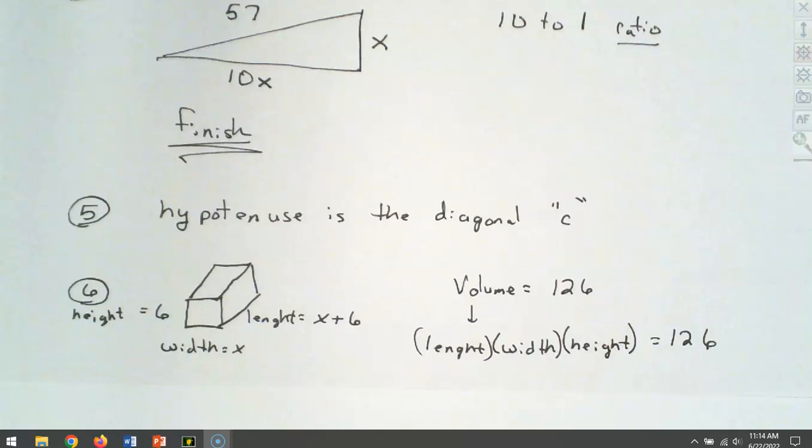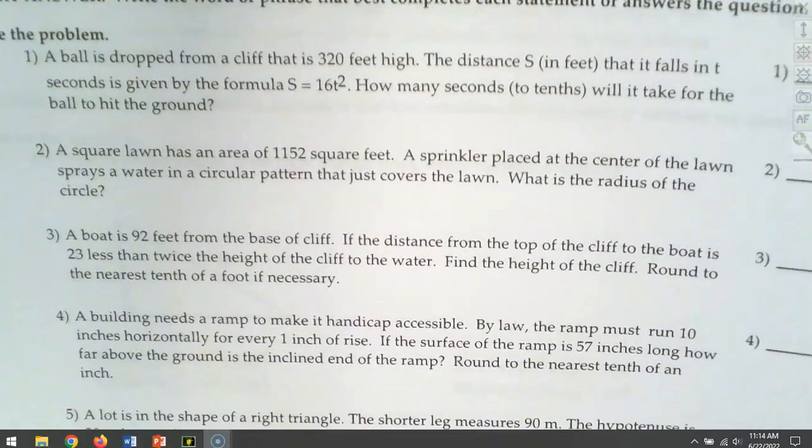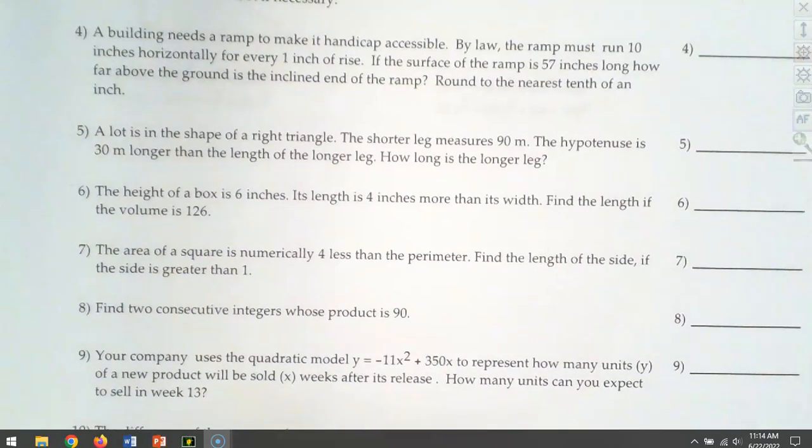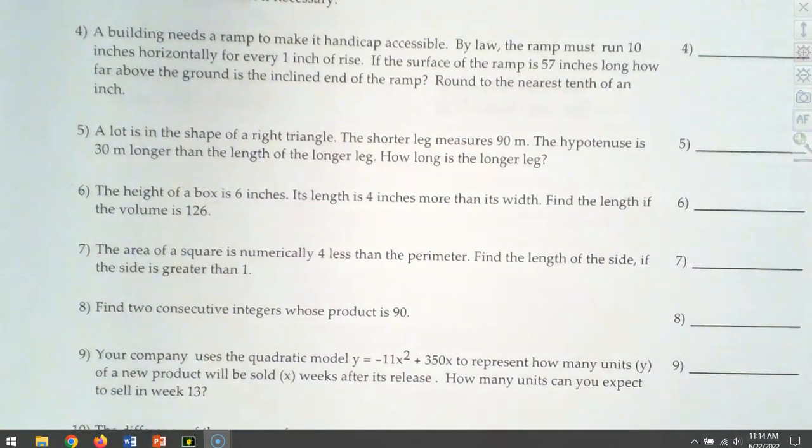Question 7, we can talk about it pretty quickly here. Question 7 talks about a square. Now, what do we know about a square? All the sides are the same, right?